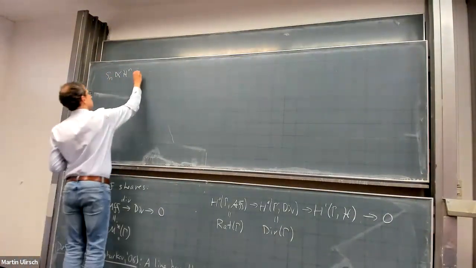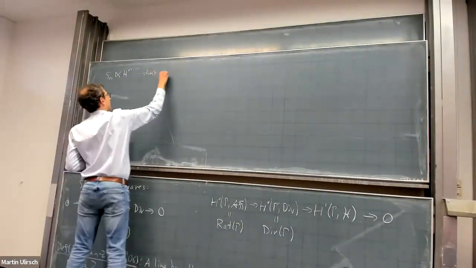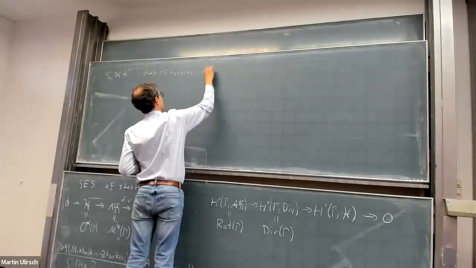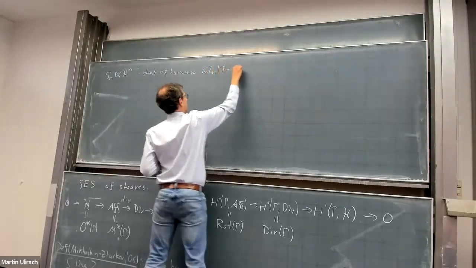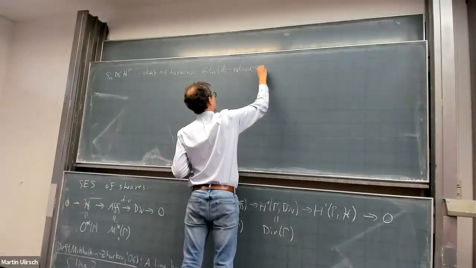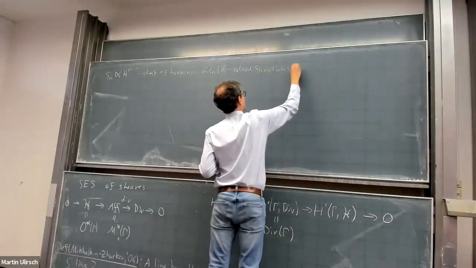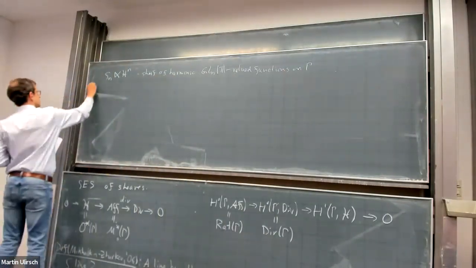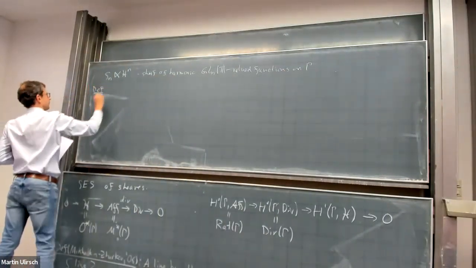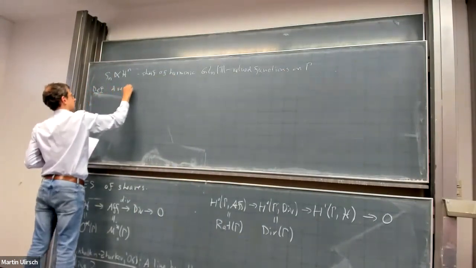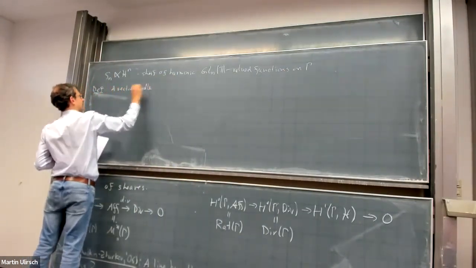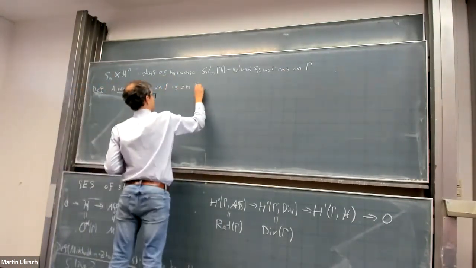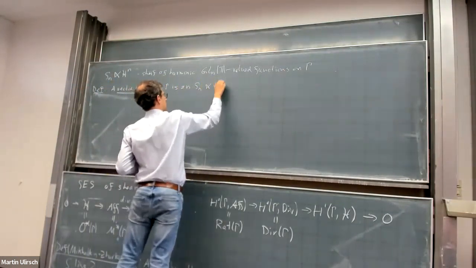This I can think of as a sheaf of harmonic GL_n(T)-valued functions on my metric graph Gamma. And so my definition is that a vector bundle is just a torsor over this group. So a vector bundle on Gamma is an S_n semi-direct product H^n torsor.